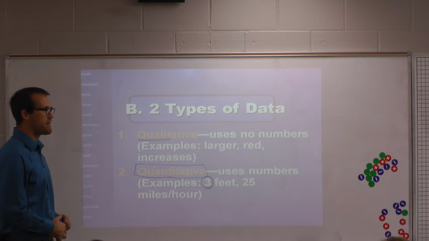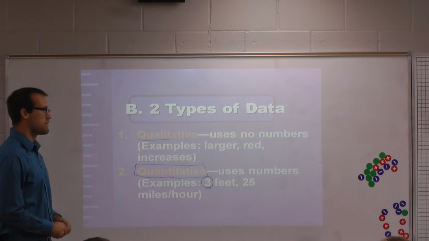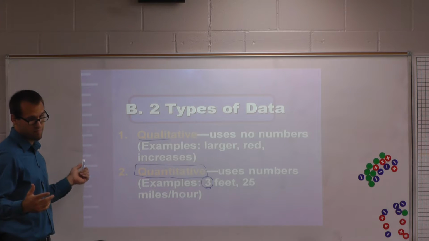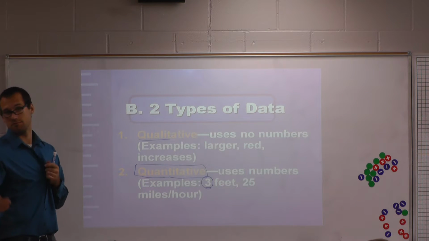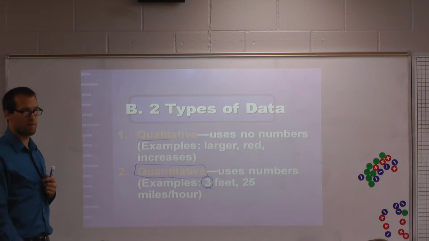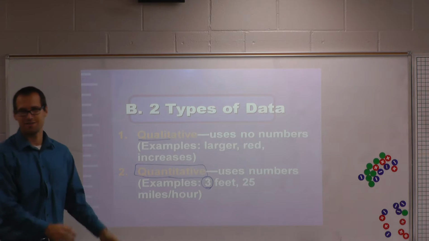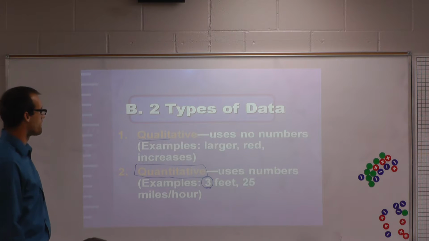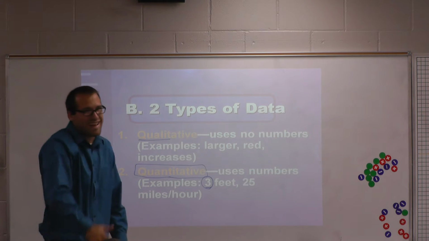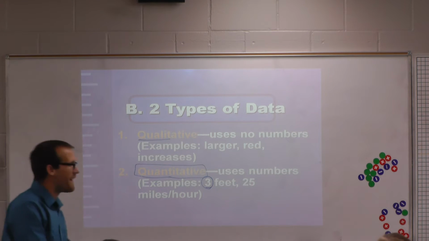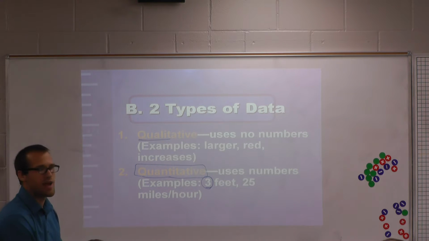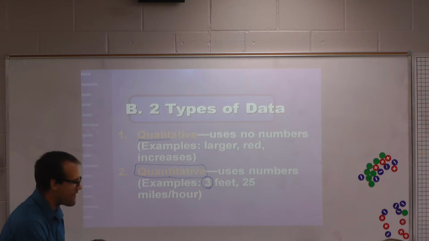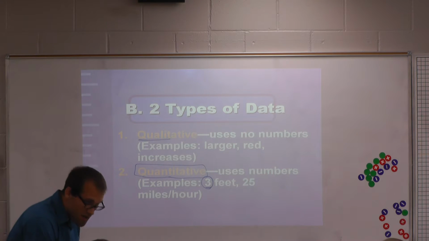It's a way of describing something. Mr. Kramer is larger than Ethan. Don't be offended by that. I don't mean any offense. It's just true. No one argues that. If I say his ruler's red, does that have anything to do with any type of measurement or any type of number attached to that?